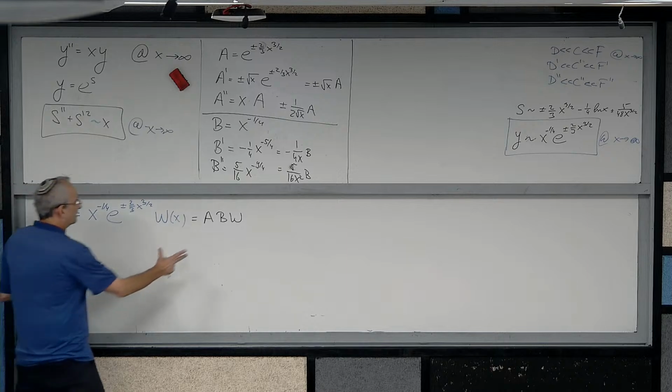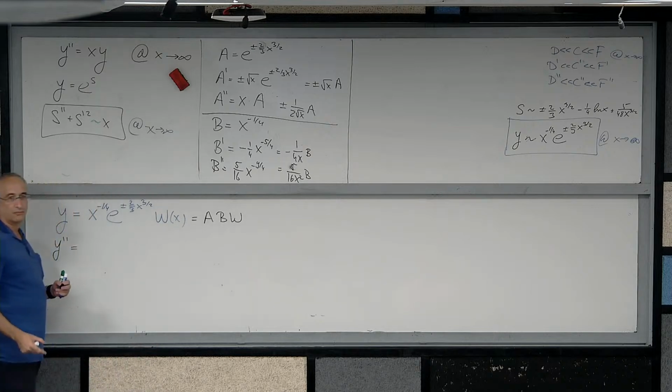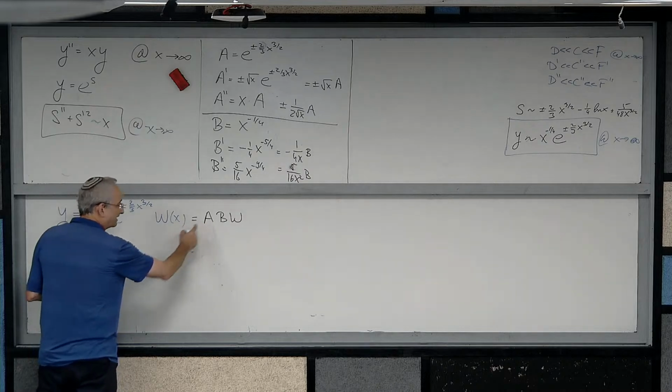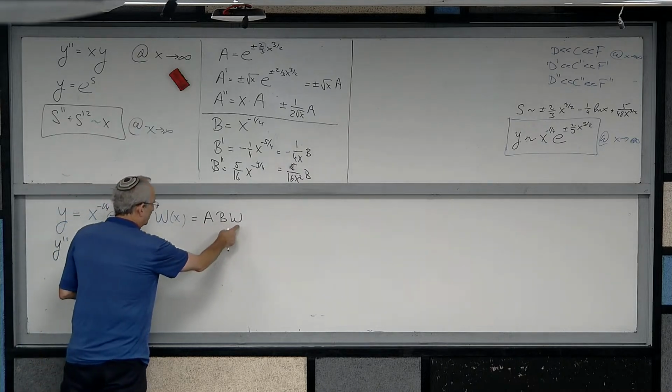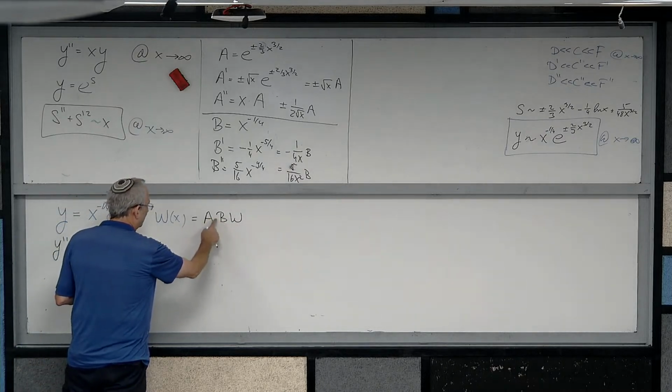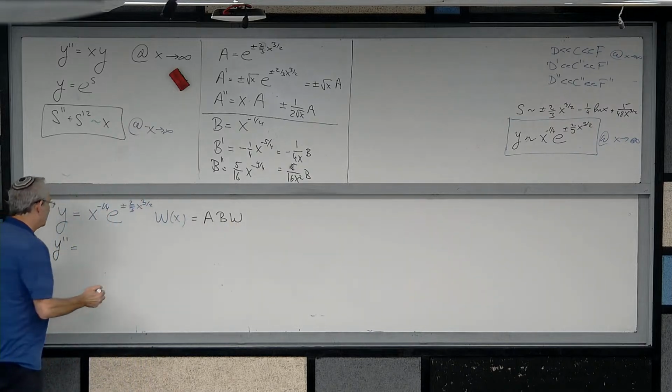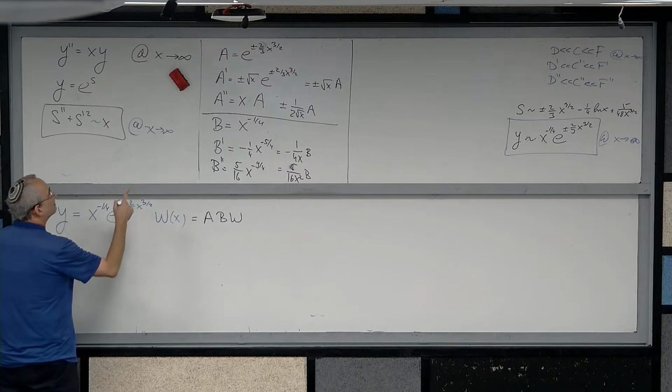How do I take the second derivative of a multiplication of three functions? Slowly. I can take the second derivative here, or here, or here, or two times this and that, this and that, and this and that.